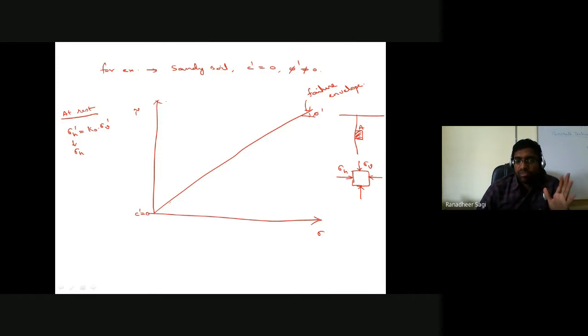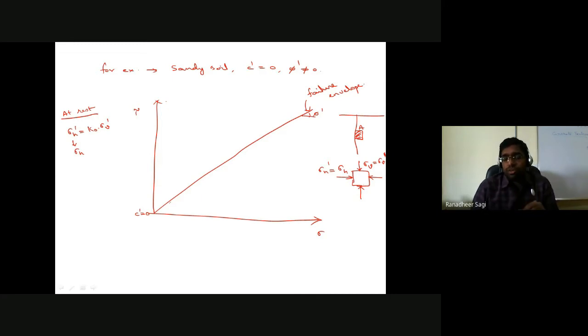There is no effect of water table, which means sigma V and sigma V dash are the same. If you have the effect of water table, then accordingly you will have variations in your sigma H dash and sigma H values, and subsequently sigma V dash and sigma V values.